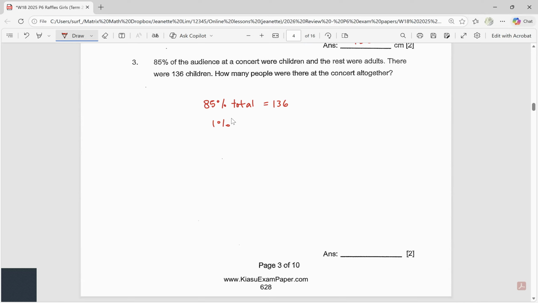Then we find 1% of the total before we find the total number of people, which is 100% of the total. To find 1%, it's 136 divided by 85, which is 1.6. To find 100%, it's 1.6 times 100. So 160 is the answer.